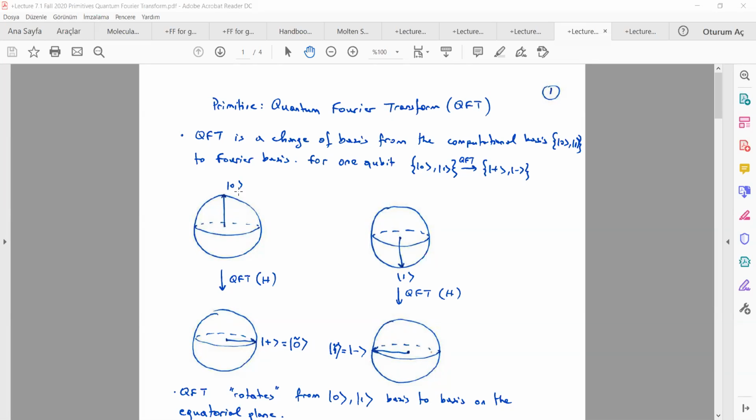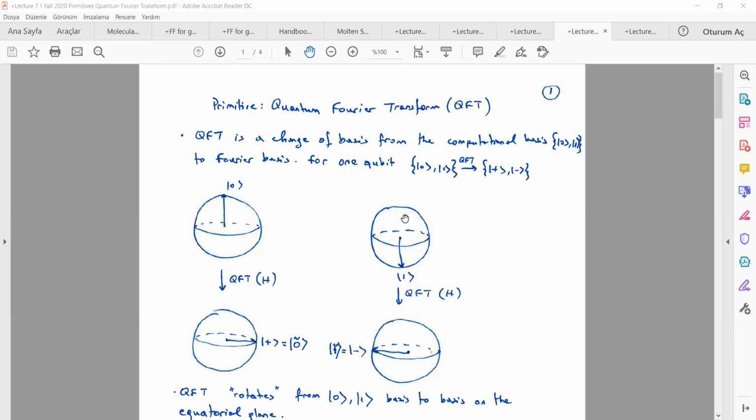And as we know, the Hadamard transform takes the ket 0 vector to the ket plus vector, which I'll denote as ket 0 tilde. Tilde indicates we are now talking about the quantum state in the Fourier domain. Similarly, when you apply the quantum Fourier transform, in other words the Hadamard transform, on the ket 1 state, you would obtain the ket minus state.